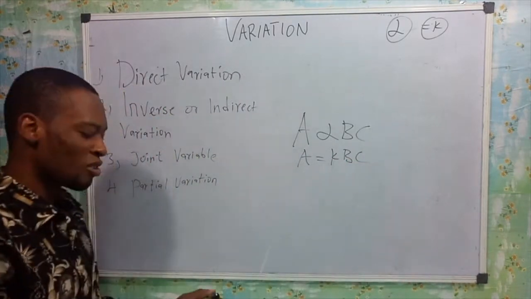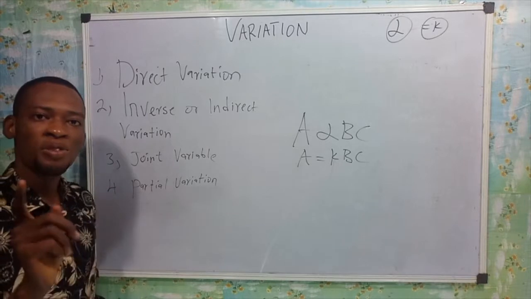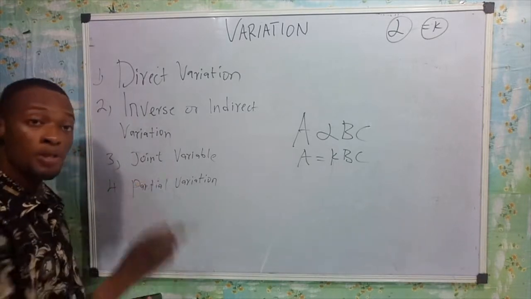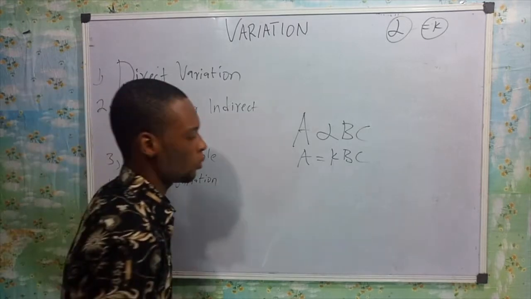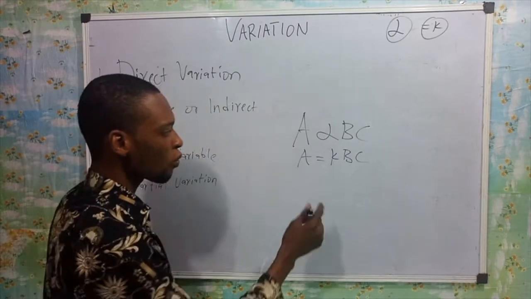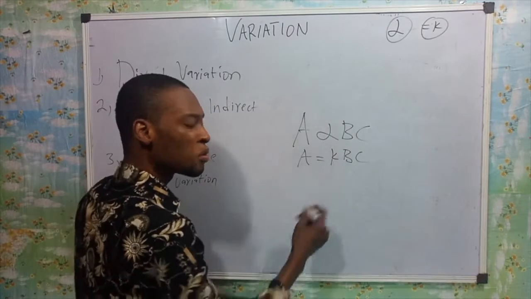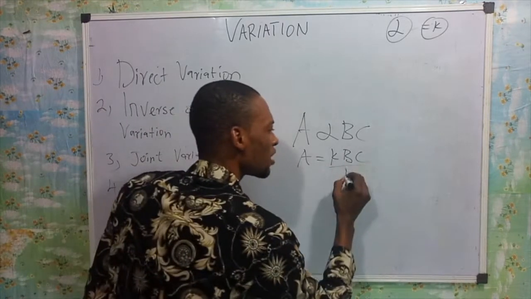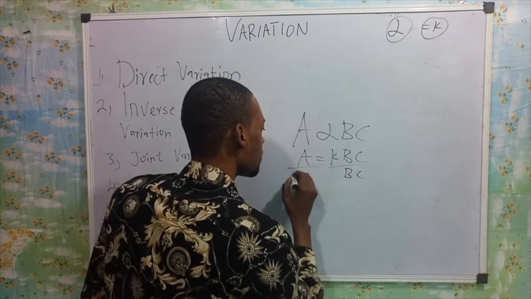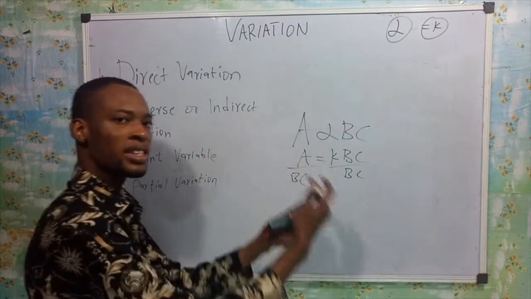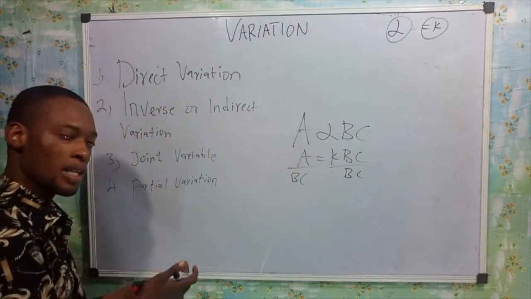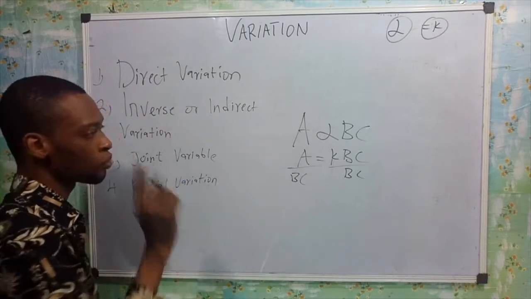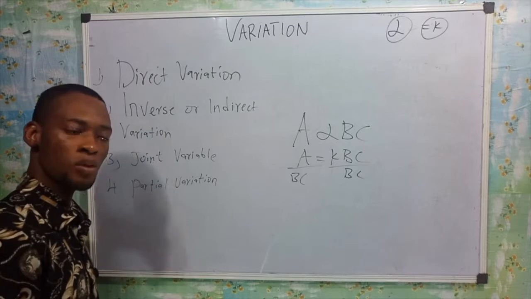So you are happy. So another thing you should take note of in this part is how to do change of subject formula in joint variation. To do this, first we are looking for the constant. So we'll do everything to make it stand alone. So let's divide by BC, divide by BC. What happens to this side should happen to the other side. And I told you, anything that divides itself will give you 1 except 0.